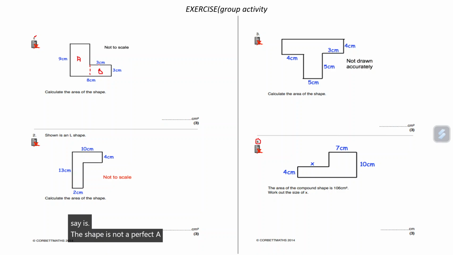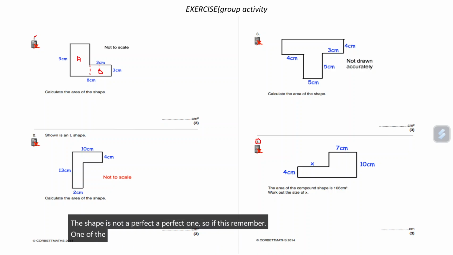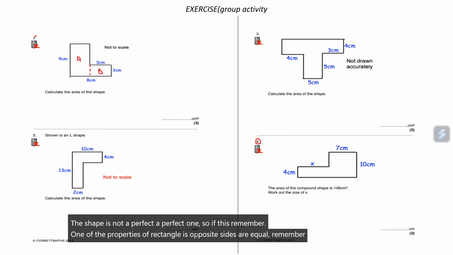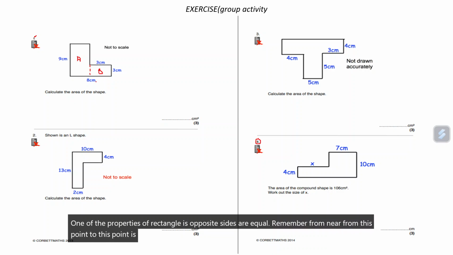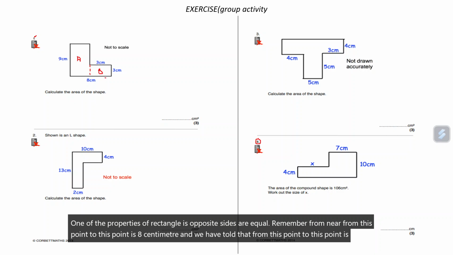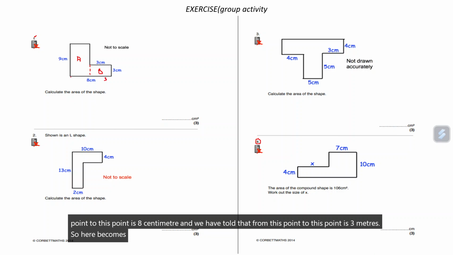Remember, one of the properties of a rectangle is that opposite sides are equal. From this point to this point is 8 centimeters, and we have been told that from this point to this point is 3 centimeters. So here it becomes 3. We need to get from this point to this point. To get that, we need to take 3 away from 8. So from this point to this point is 5.